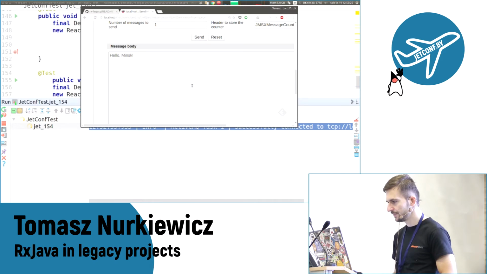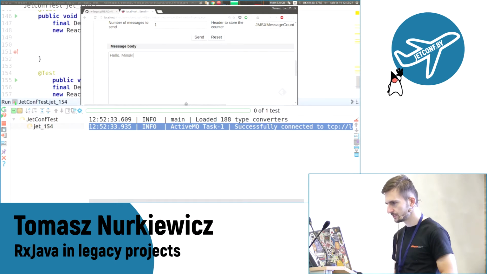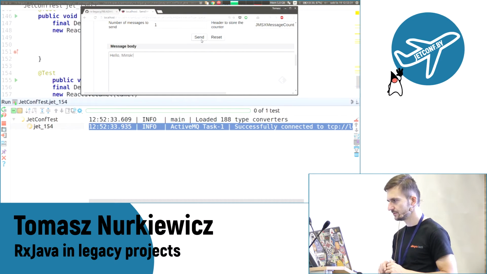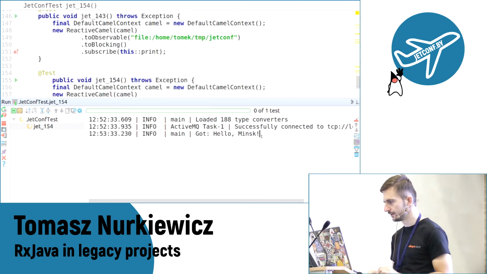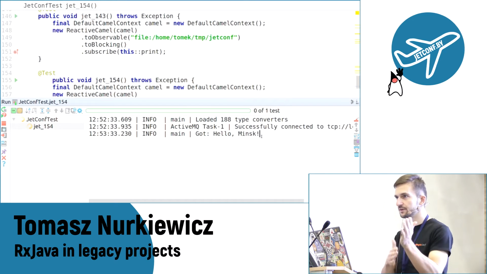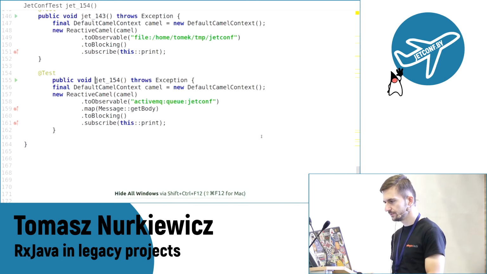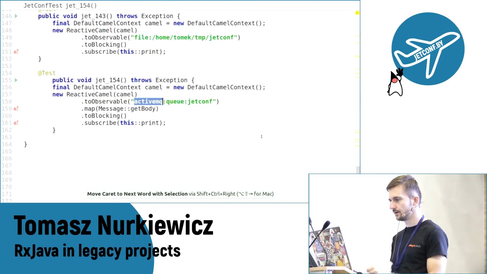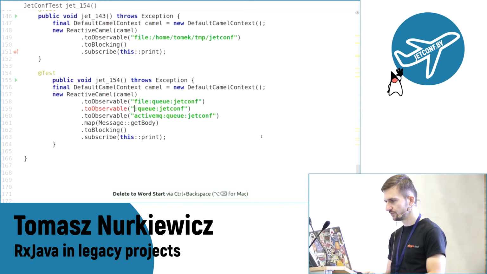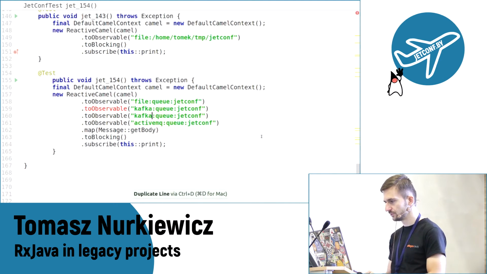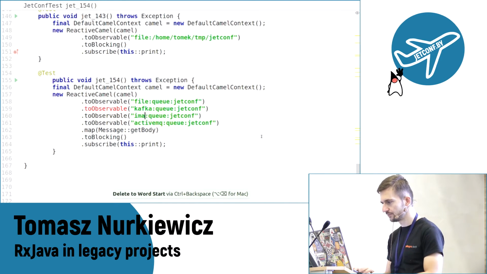I haven't sent it yet, but what I want you to focus on is the actual terminal that you see on the bottom. So the moment I send a message to this broker, right now, I actually got this message here. So this is probably the simplest way of integrating various systems. And what's really cool about Camel is that rather than file system or ActiveMQ, you can put file, you can put Kafka, you can put, I don't know, POP3 or IMAP or whatever.